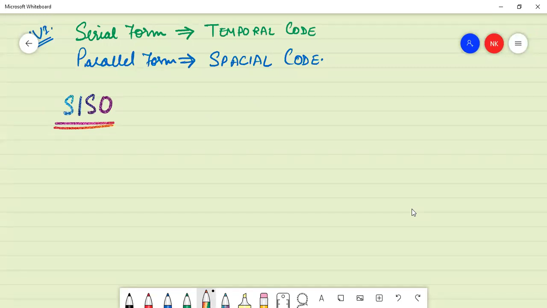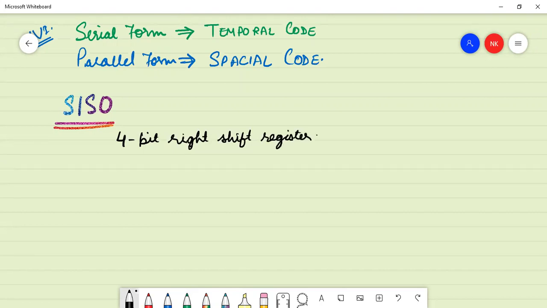Okay, so if we want to construct a 4-bit right shift register, okay, so we are going to draw a 4-bit right shift register.